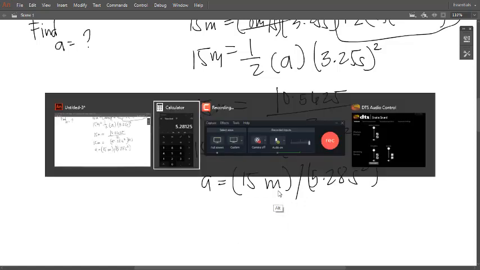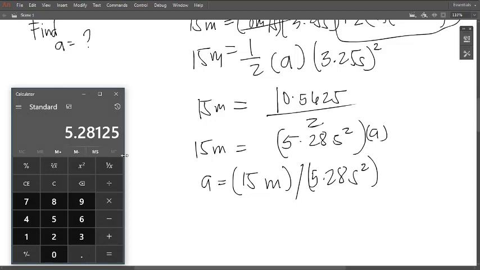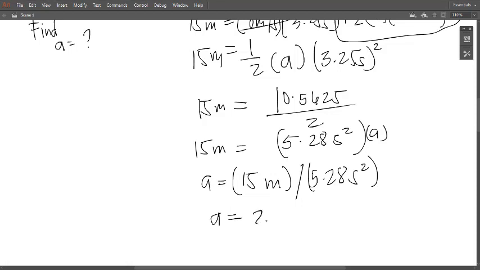So let us try to answer: 15 divided by 5.28 gives us 2.85, or 2.84, for acceleration.